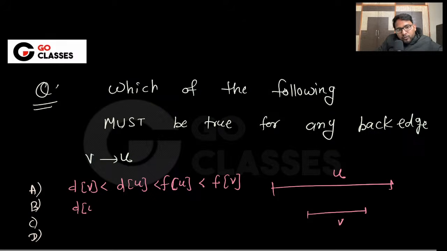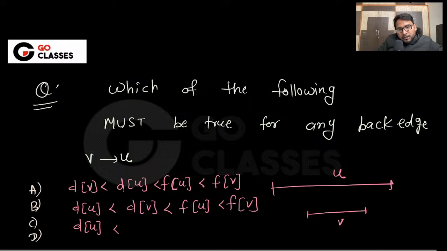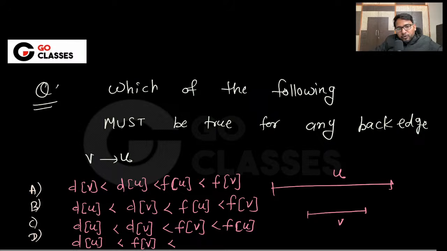Discovery time of U can be lesser than discovery time of V, and then finish of U, and then finish of V. Is this true? Discovery time of U, and then discovery time of V, and then finish of V, and then finish of U. Is this true? Discovery time of U, and then finish time of V, finish time of U, and then discovery time of V, and then finish time of V. Is this true? So which of the following is true?